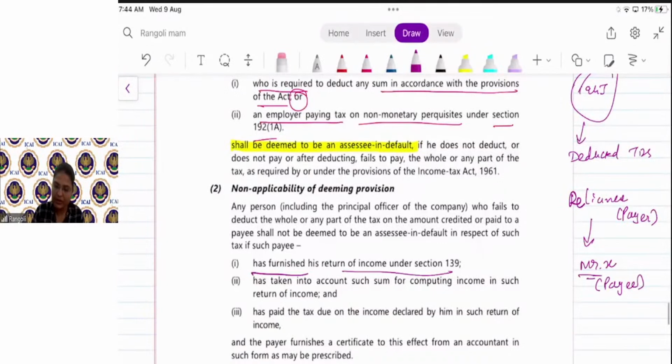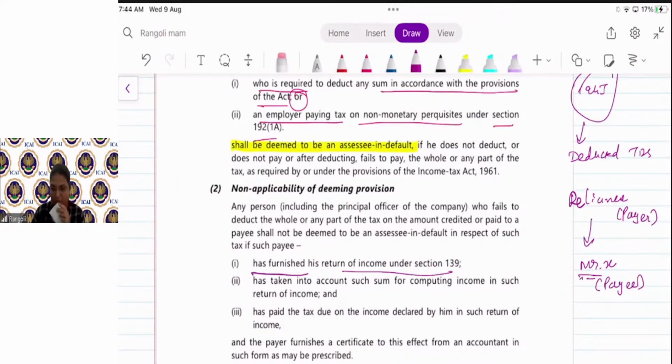So now if Mr. X has filed his return within due date, if Mr. X has already considered that amount as income on which TDS is required to be deducted in his return of income, and Mr. X has already paid tax on that income while filing return of income.